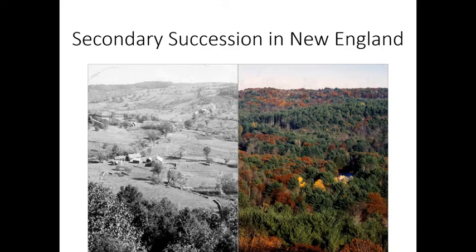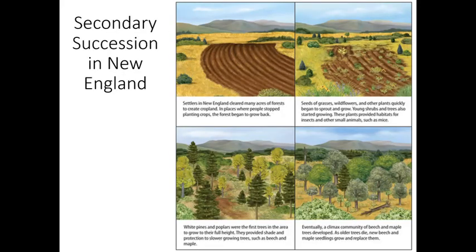And so in the next slide we're going to walk through the different successional stages, but I want to point out that the picture on the right is a mature forest, probably 100 years old, just because that's when agriculture really starts to die off. And so what exactly would succession look like in a place like New England?